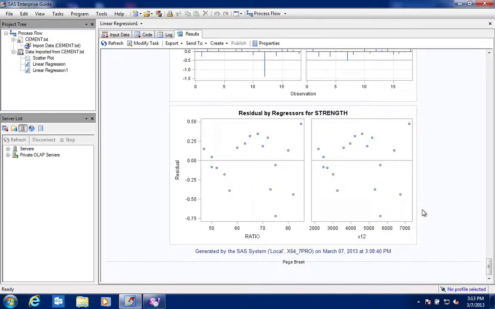But the effect on DFFITS is changed. We have two more influential observations. Those are marginal. You can ignore them, but this one is obviously influential.